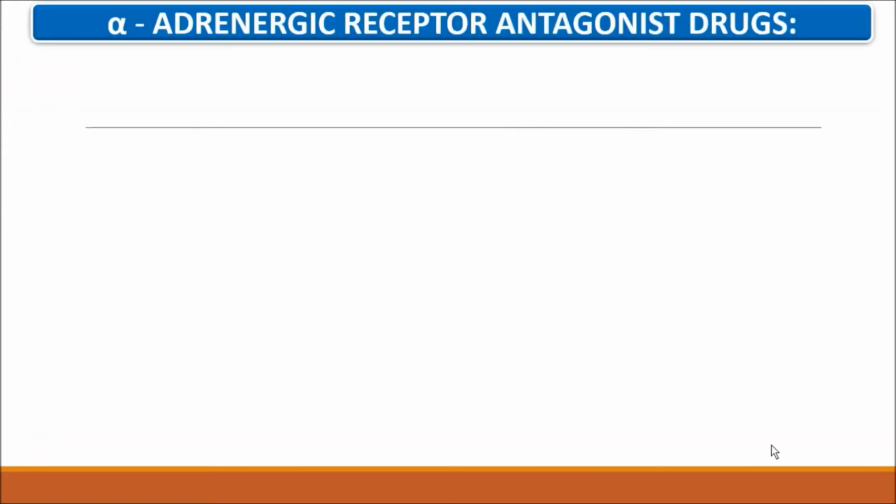Now the alpha adrenergic receptor antagonist drugs. What are antagonist drugs? Antagonist means the drugs which have affinity for the receptor but do not show any biological activity.